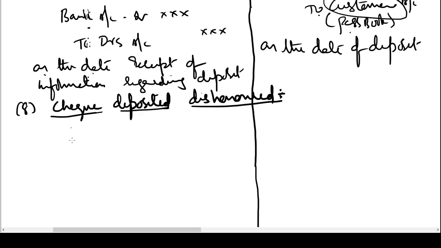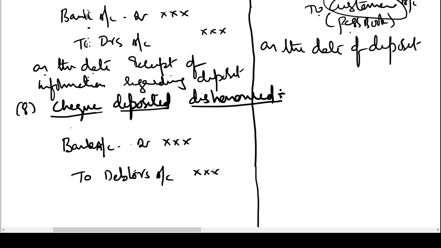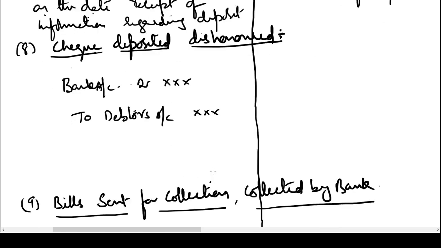As we have discussed earlier, when we receive a check from a customer, we pass an entry in our books, that is the books of the business, bank account debit with the check amount, and we credit the debtor, the person who has given the check to us. When do we pass the entry? On date of deposit we pass the entry.